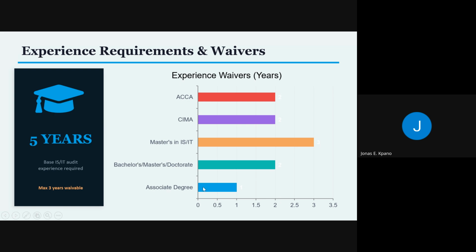And if you have an associate degree or diploma, that can waive 1 year out of the 5 years. But you should know that when you combine these, the maximum waivers you can get is 3 years. So at least you need 2 years of IT audit experience or IT experience in order to get the title as a CISA.